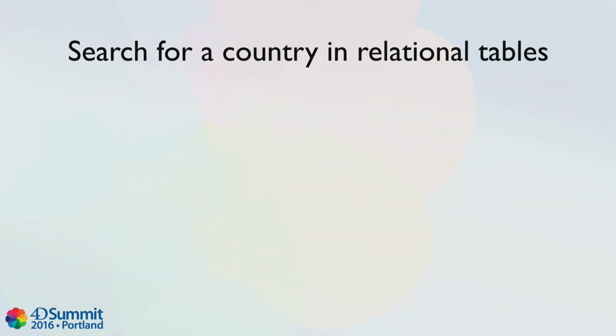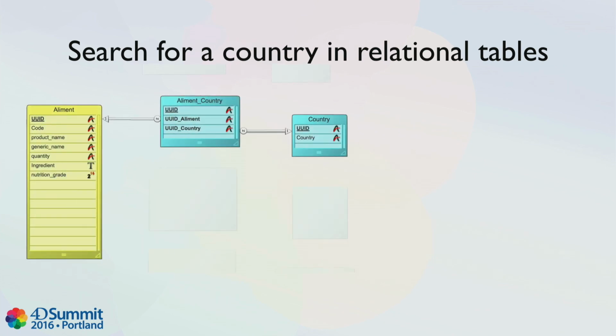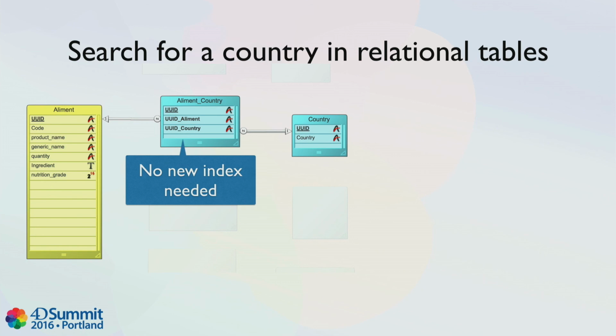A search in a structure with relational tables. So that's this part of my structure. No new index is necessary. In fact, we already have indexes when we draw this structure.